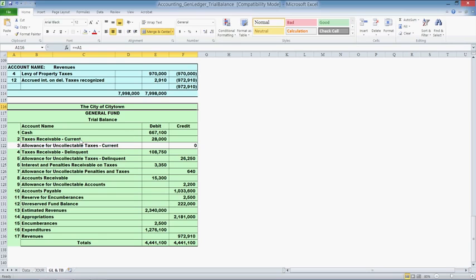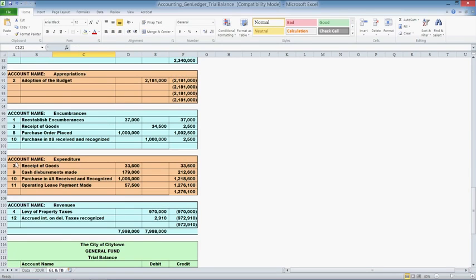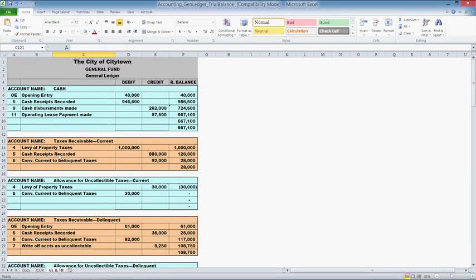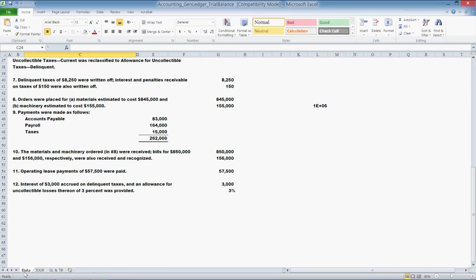Everything numbered, cash, taxes receivable, and then here on all these accounts, let's go up here. 5 cash receipts received, 946,000 debit, and we know that means that we have an increase, and then we carry that to our balance. So let's go to item number 5 in the data.